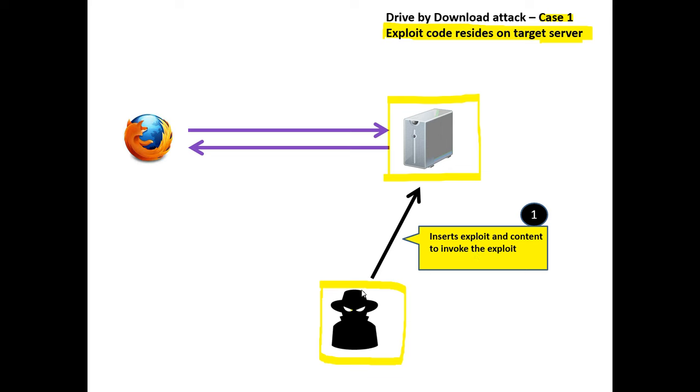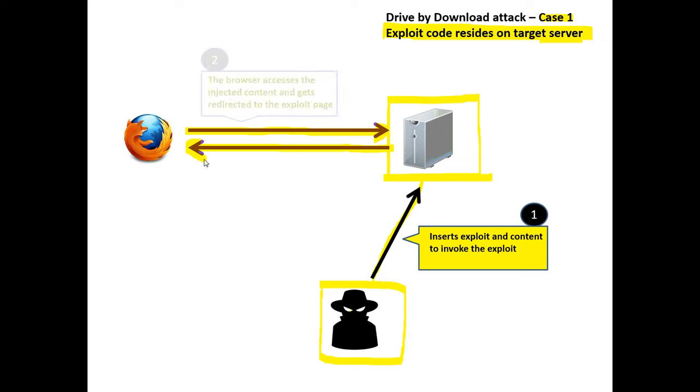Both of them will be injected into this target website. Just remember the terms carefully: this is what we call the target server, and this is what we call the attacker. When you visit the target website, the exploit and the content to invoke the exploit injected by the attacker also get downloaded to your machine.